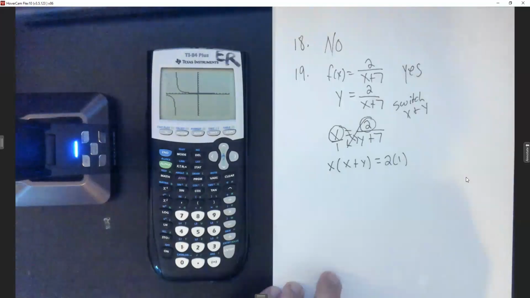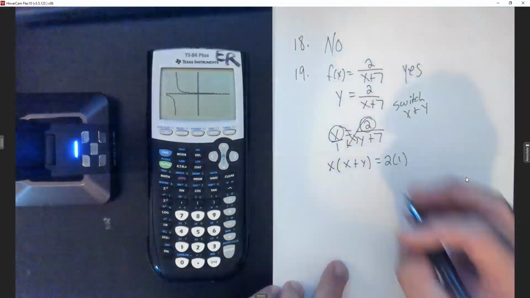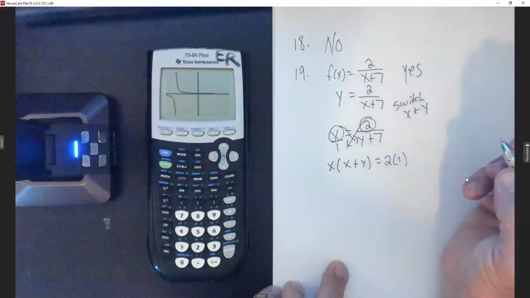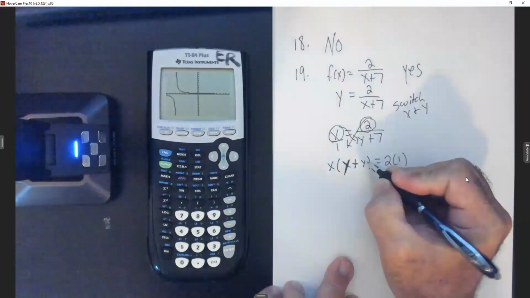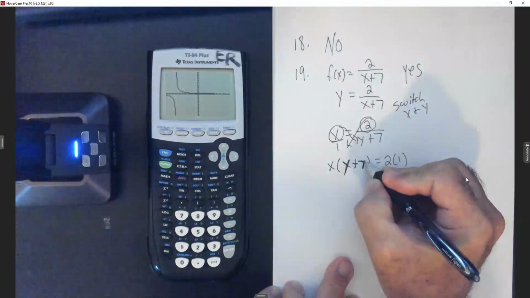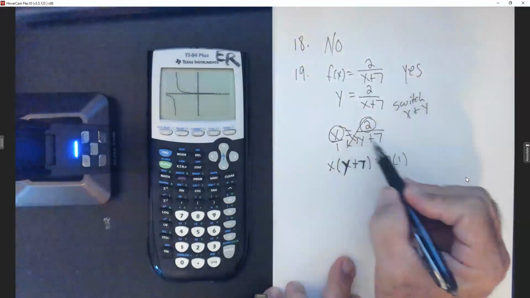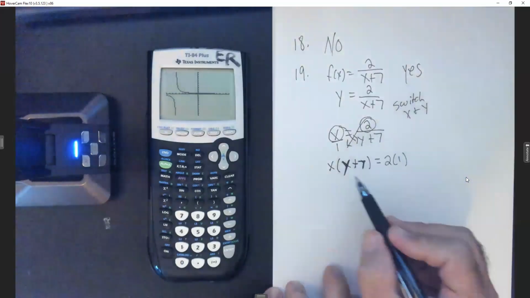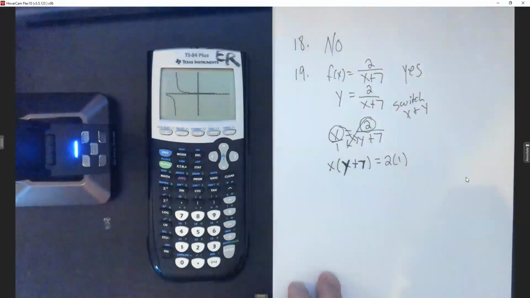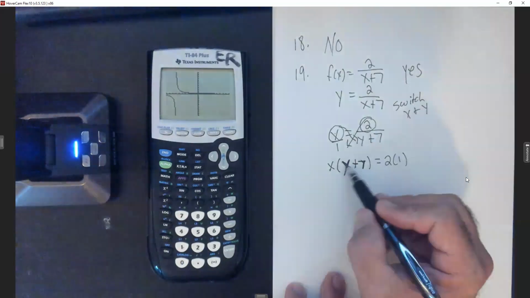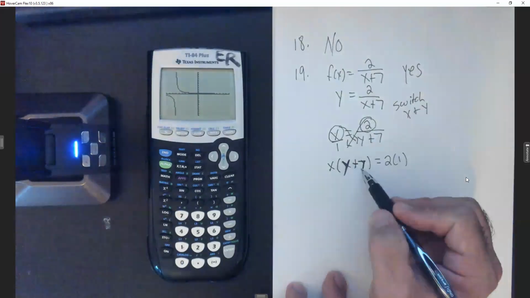Oh, hang on, that's a y, right? What'd I do? This is the y plus 7. So x times y plus 7, somehow I put an x plus y there and my mind went bad. Now, you could distribute that x if you want to. That's one way to do this.